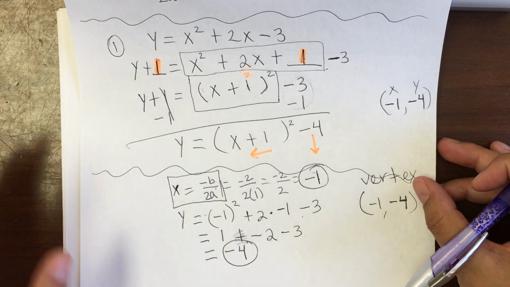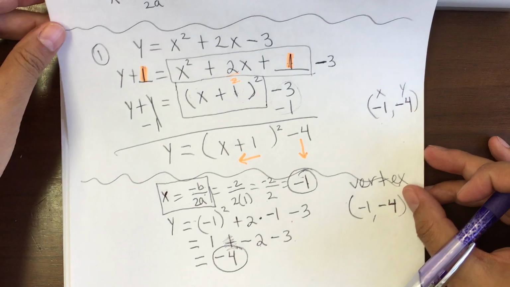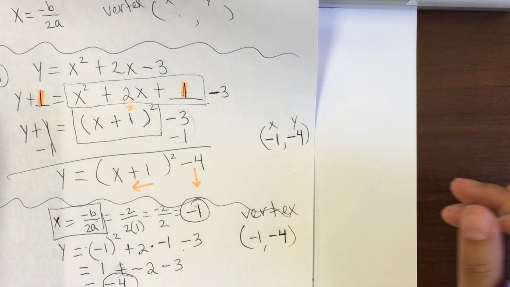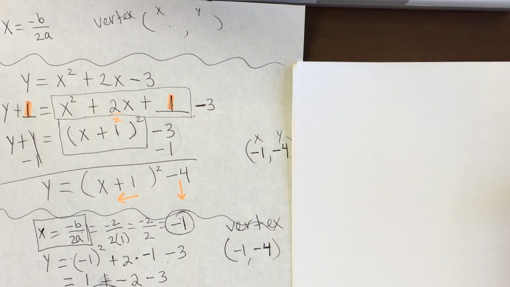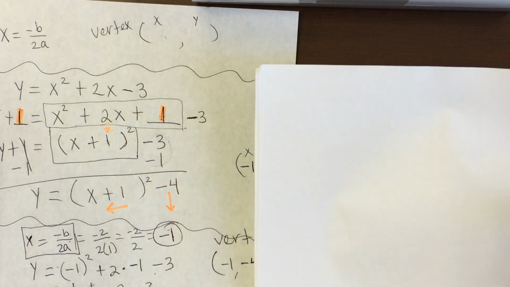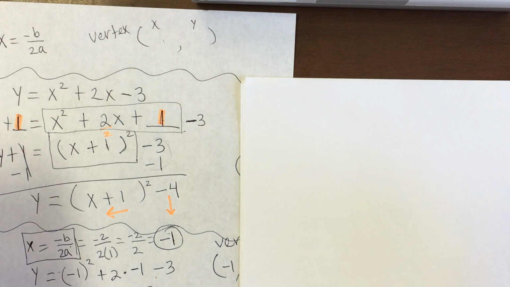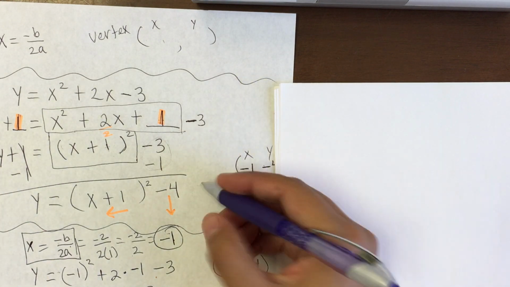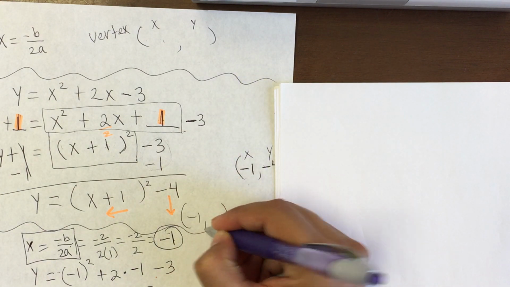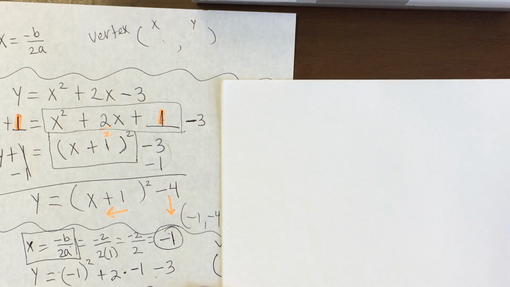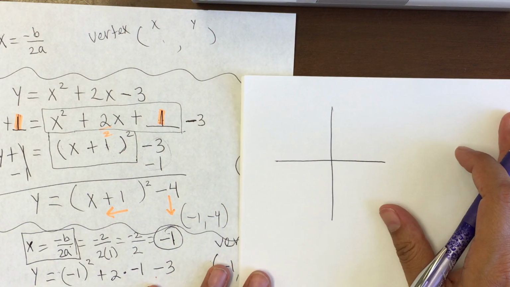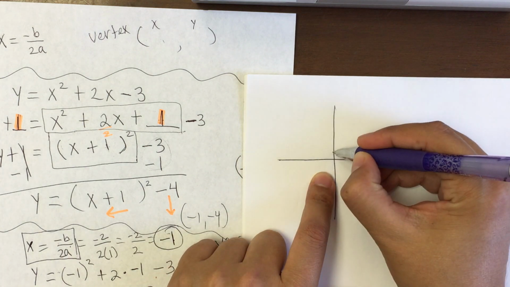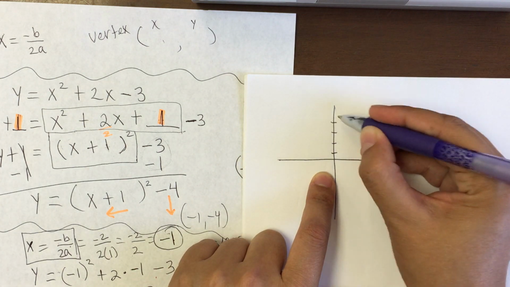Now, I'm going to do the graph, and let me see if I can have this on the side because I want to have all the information right next to us. For the sketch of this graph, let me put -1 and -4 in here. That's your vertex, okay? Remember, we're just sketching, we're not going to have it perfect.